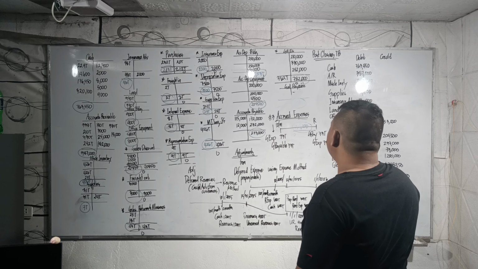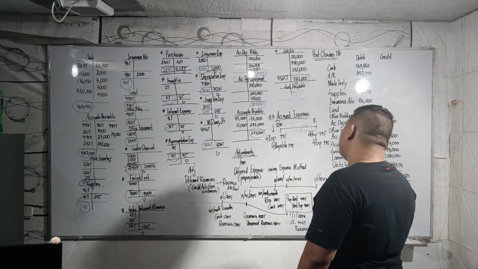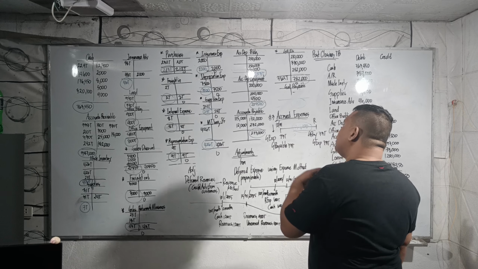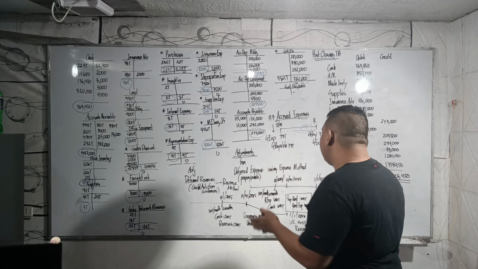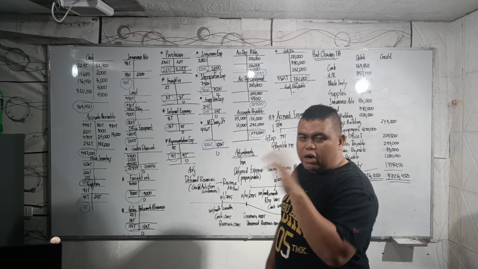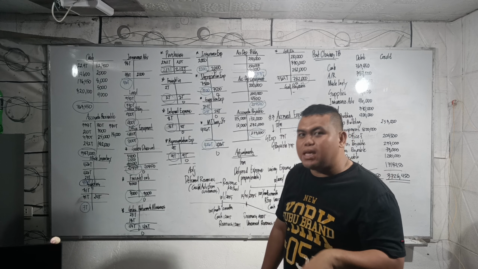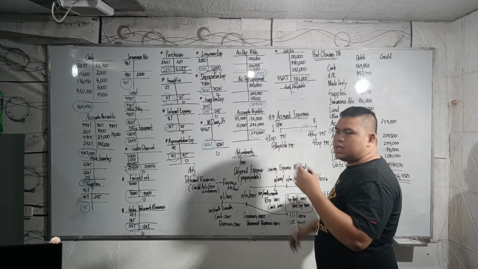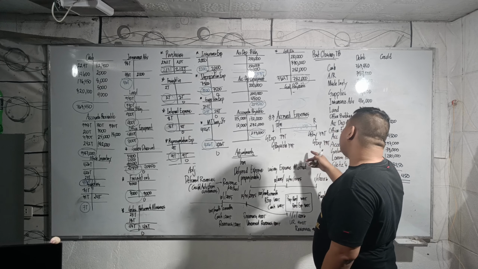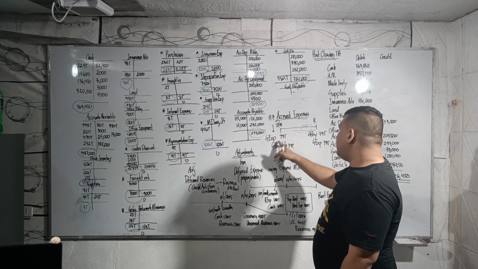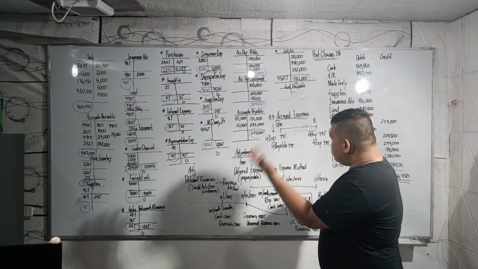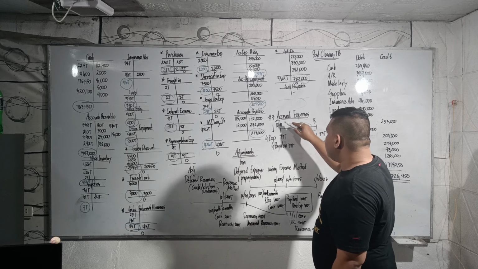So why is it that some are using reversing entries? It's okay if ever you are not forgetful. It's okay if ever there are few expenses that are considered accrued. For example, we have only salaries expense. You can remember that salaries expense, salaries payable, 73,000 has already been recorded on 12/31/20x5.